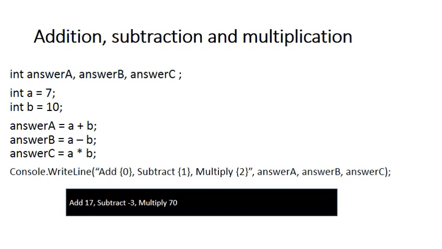And you'll remember the video on how the console write line works when I use placeholders. So 0, 1 and 2 are the placeholders for answer A, answer B and answer C. And obviously if I add I get 17, if I subtract I get minus 3, and if I multiply I get 70. So there's nothing tricky or complicated regarding the addition, the subtraction and the multiplication.